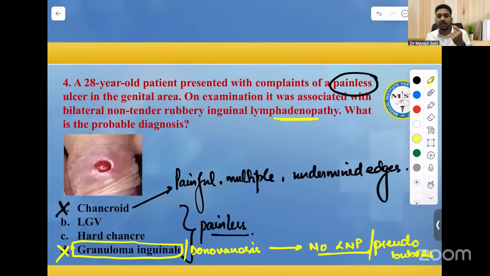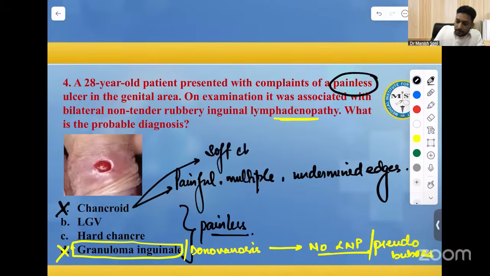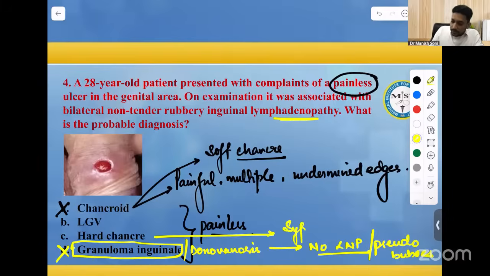What is hard chancre? Chancroid is also known as soft chancre, because induration is absent. But in syphilis, induration is very firm and present. So hard chancre is syphilis. Now, to answer this question, you should know which type of lymphadenopathy is seen in these two.